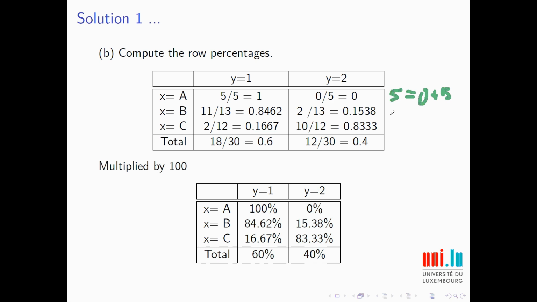For the second row, the summing number is 13. It's 11 plus 2. In order to find these percentages, we first find these ratios.